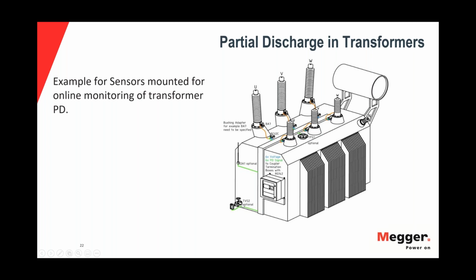The benefit of UHF is that it is less susceptible to outdoor noise because the sensor goes inside the transformer and it acts as a Faraday cage.